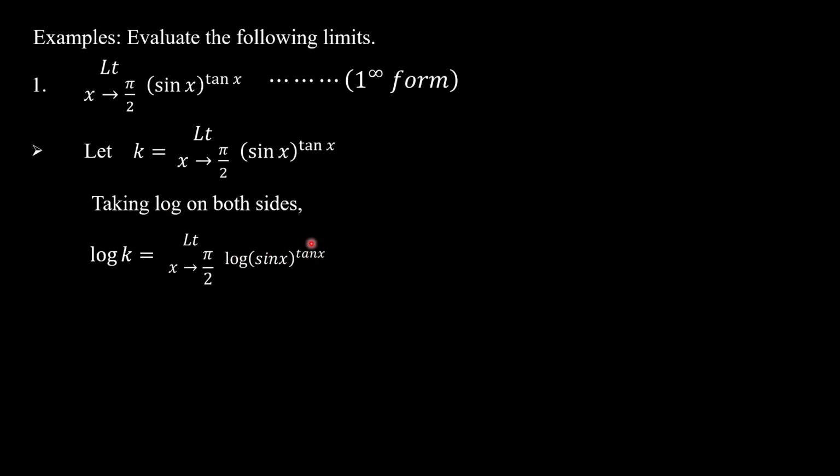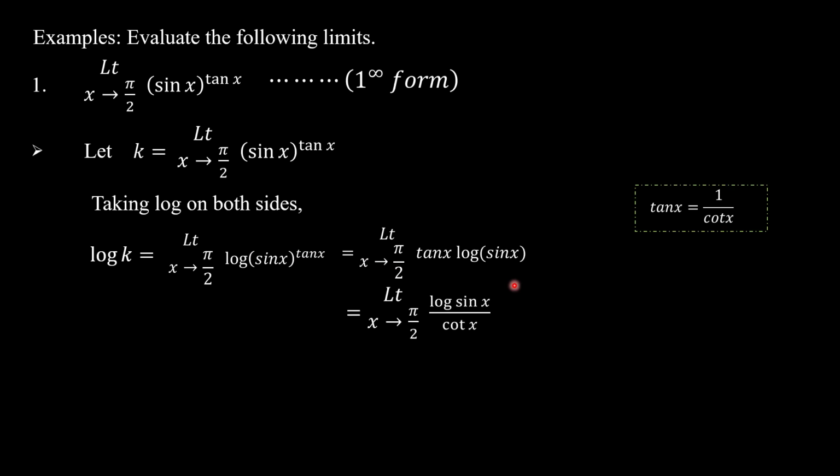I can write it as limit x tending to pi by 2 tan x into log of sin x. But tan x can be written as 1 by cot x. Therefore, log k is equal to limit x tends to pi by 2 log of sin x by cot x.